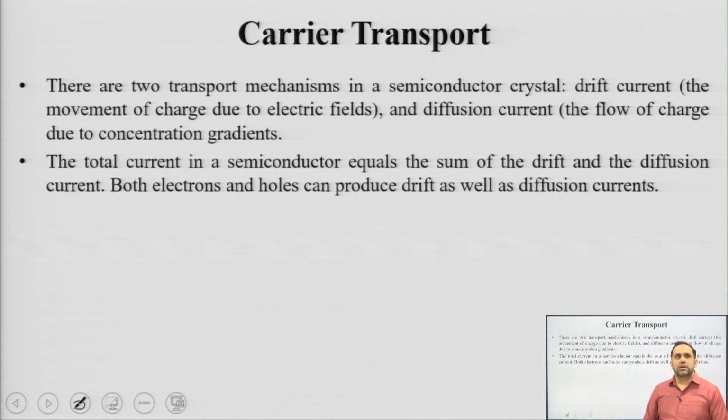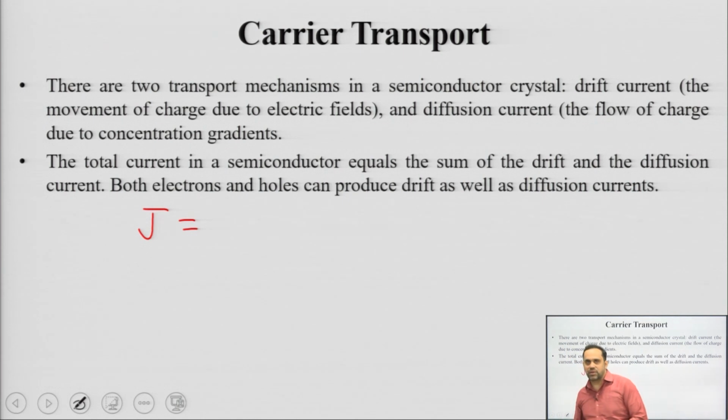Now, when we are talking about currents inside a semiconductor, we do not talk about absolute value of current, say in milliampere or microampere or amperes. We generally tend to describe the conductive nature of a semiconductor in terms of its current density. Current density by definition is current per unit area, right.